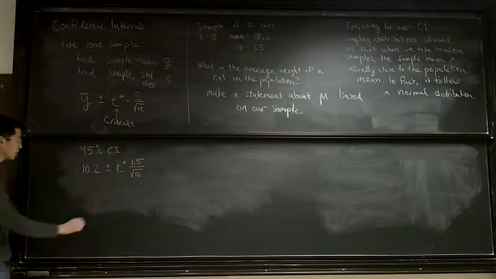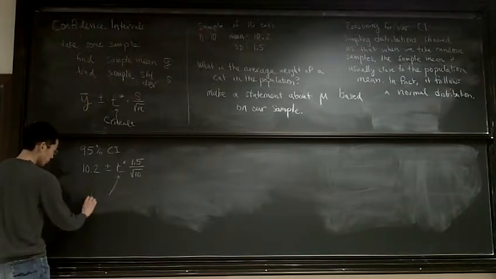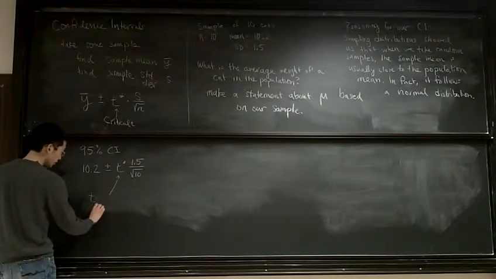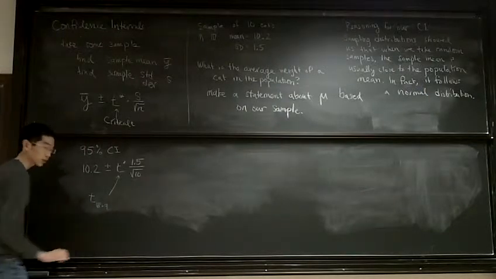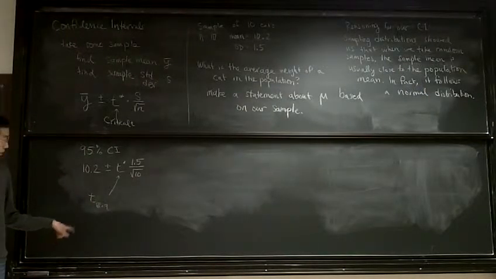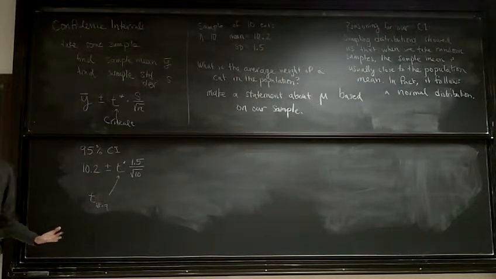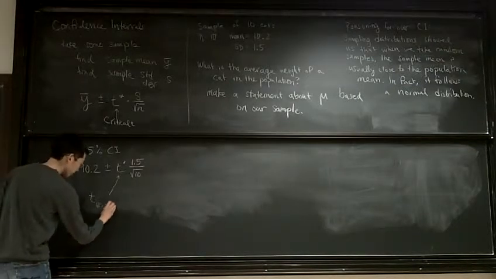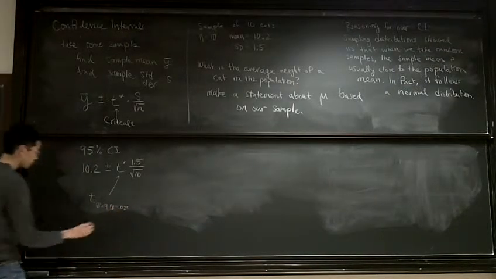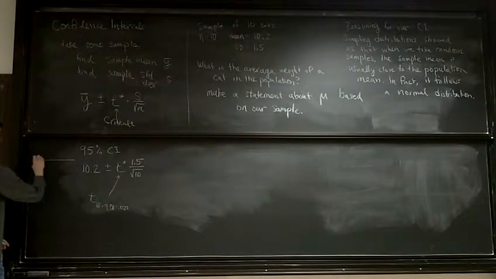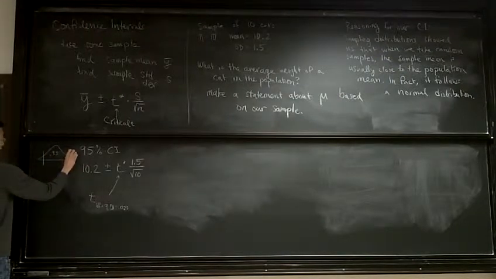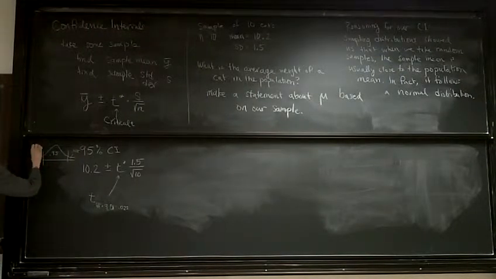This t star is going to be t with degrees of freedom equal to 9, because it's always n minus 1. For a 95% confidence interval, we use alpha equal to 0.025. It's just our critical value, because if we're going for the middle 95%, then we have 2.5% over here and 2.5% over there.